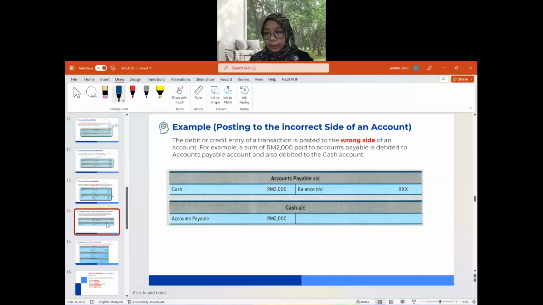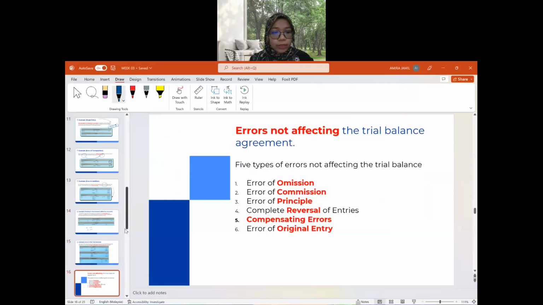That is wrong, because when we pay the account payable, we should credit cash, because we pay, and debit account payable. So the cash account should be on this side, and account payable on this side. It's wrongly posted to the account, so it's also one of the errors.